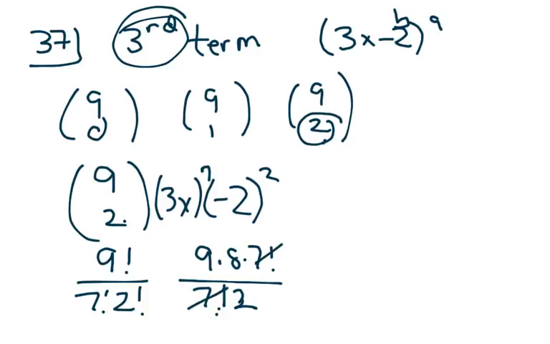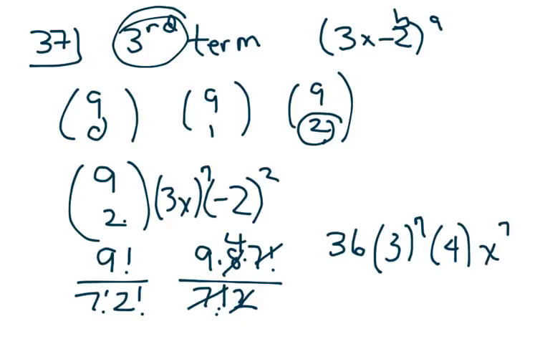These cancel. 2 goes into 8 4 times, so that's 36. I have no idea what 3 to the 7th is, so you just have to use the calculator. So this is going to be 3 to the 7th times 4 x to the 7th.